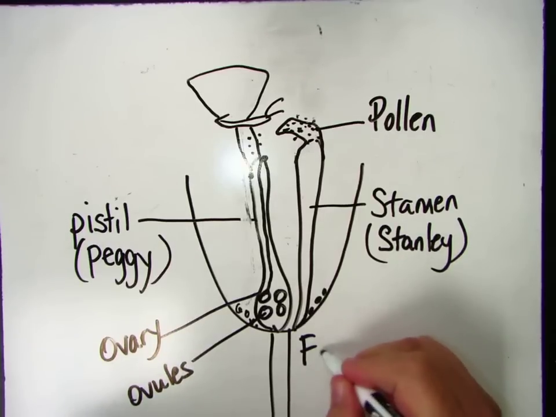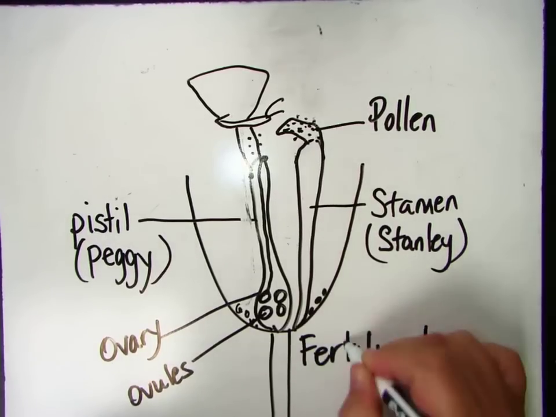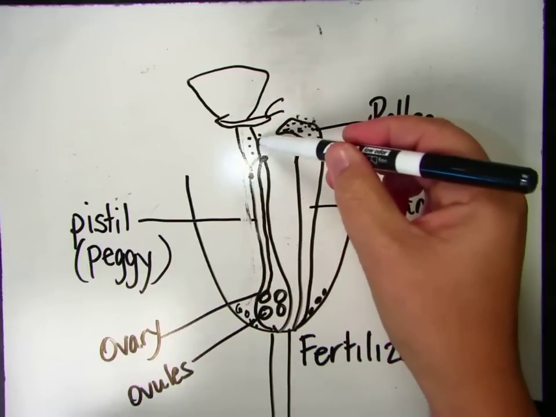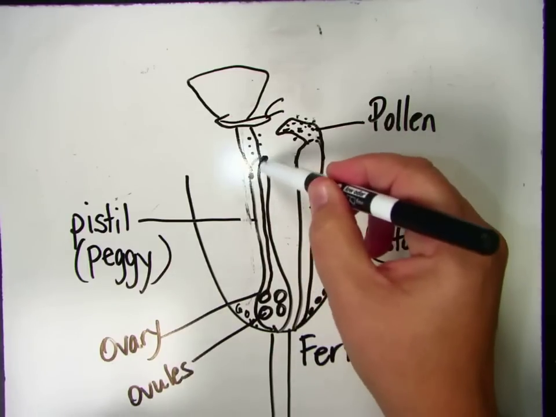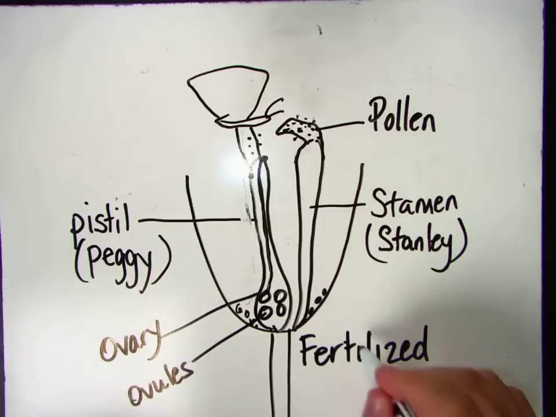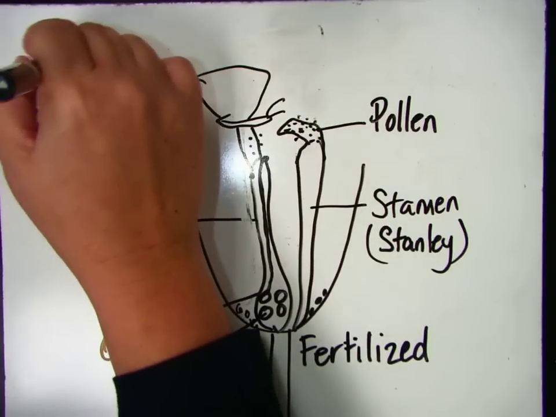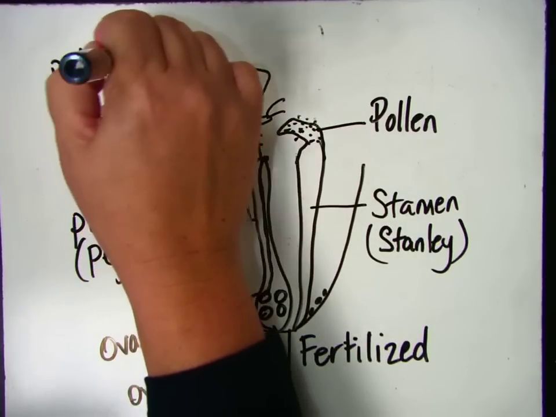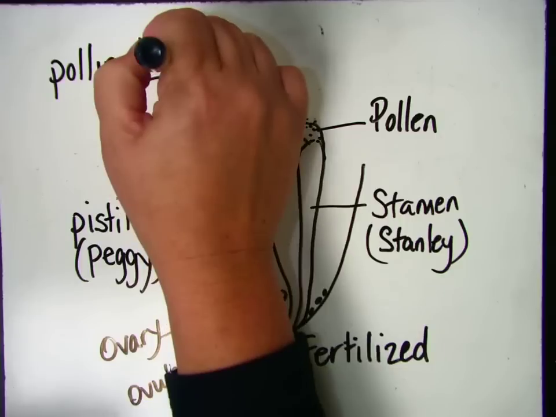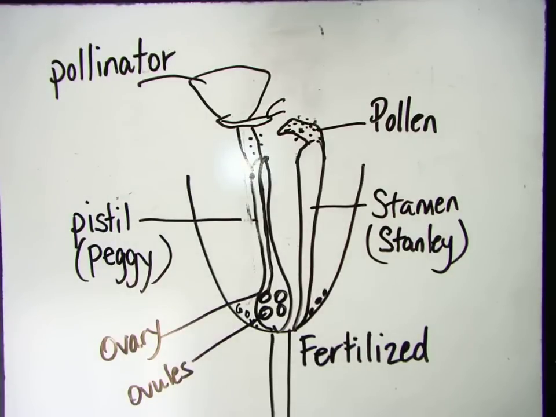So now the plant becomes fertilized because the pollen that the insect dropped off made its way down the pistil and fertilized one of the ovules. And so this insect is actually called a pollinator because it deposited pollen on the plant.